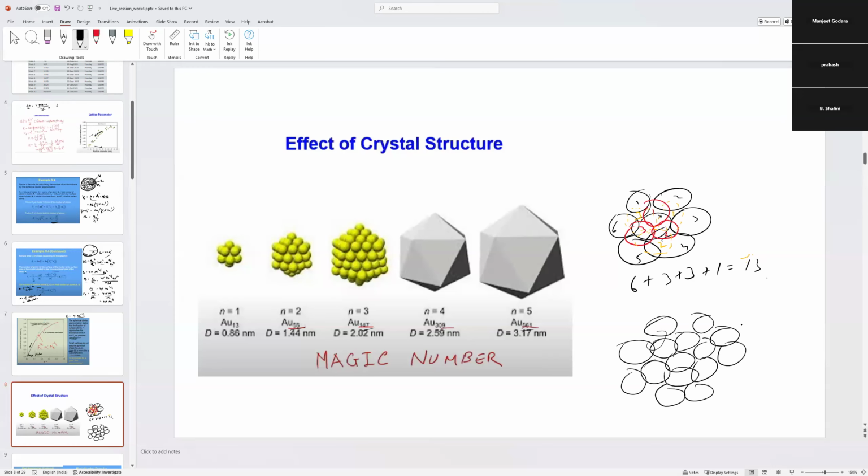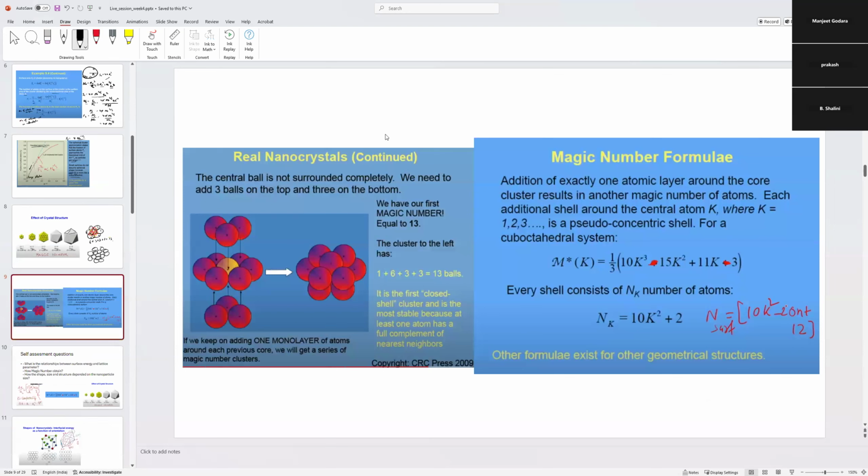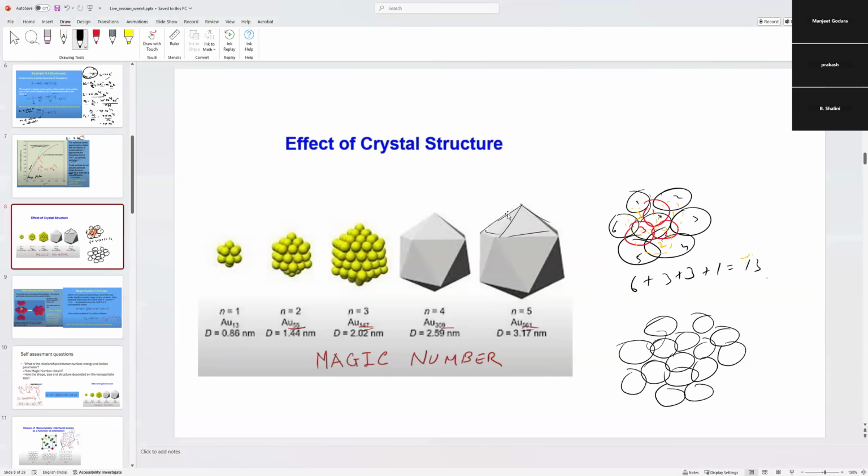So as you go up in the size of the cluster, you start seeing the actual shape of the particle. Okay, so that's how you get these magic numbers.